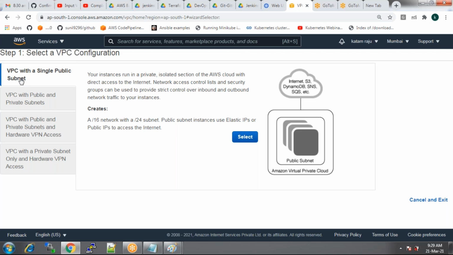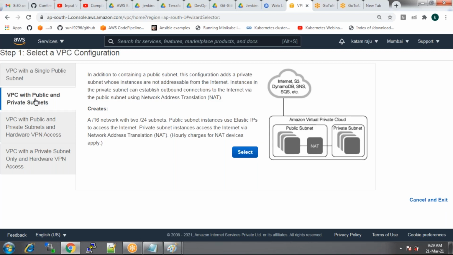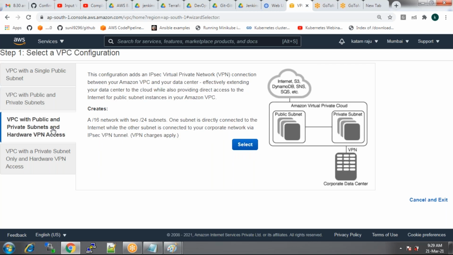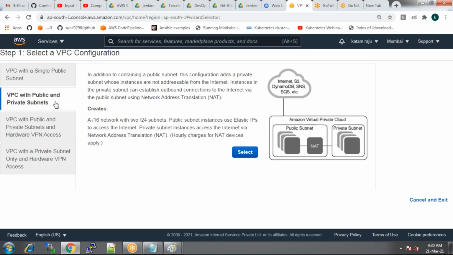But how about the users? Are they VPN users? No, they are not VPN users. If you look at the first and second example, these users are not VPN users. These are web users. And if you look at the third and fourth example, the third example is VPC with public and private subnet, just like the second example.